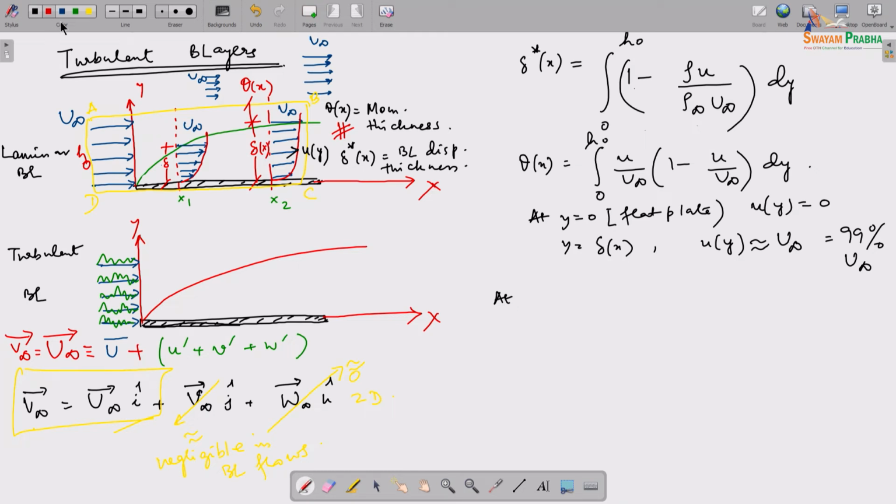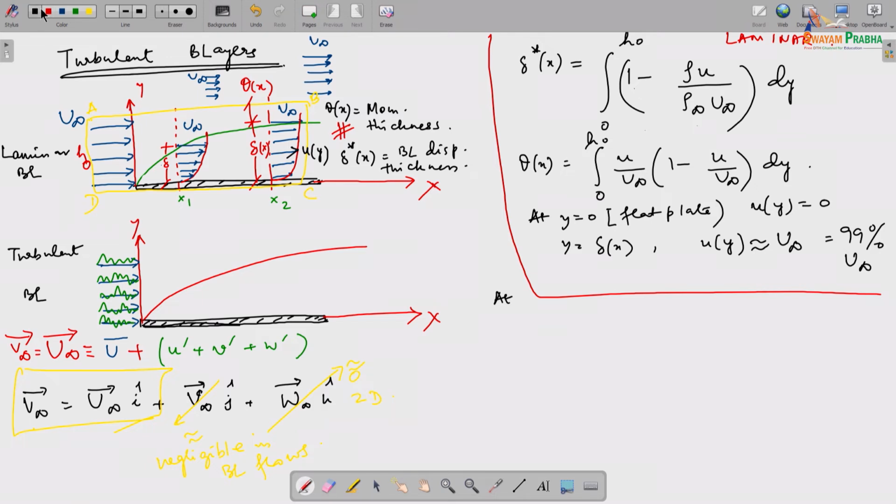Okay, now let me demarcate this. This discussion is essentially for the laminar case. And what I am going to write here is for the turbulent case.